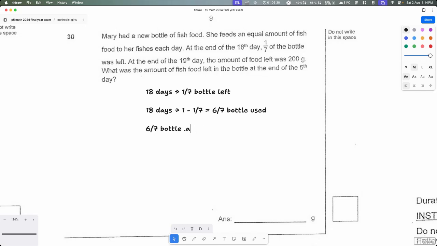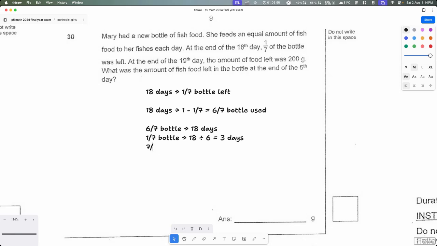Then 1 out of 7 of the bottle, you just divide 18 by 6, which gives us 3 days.